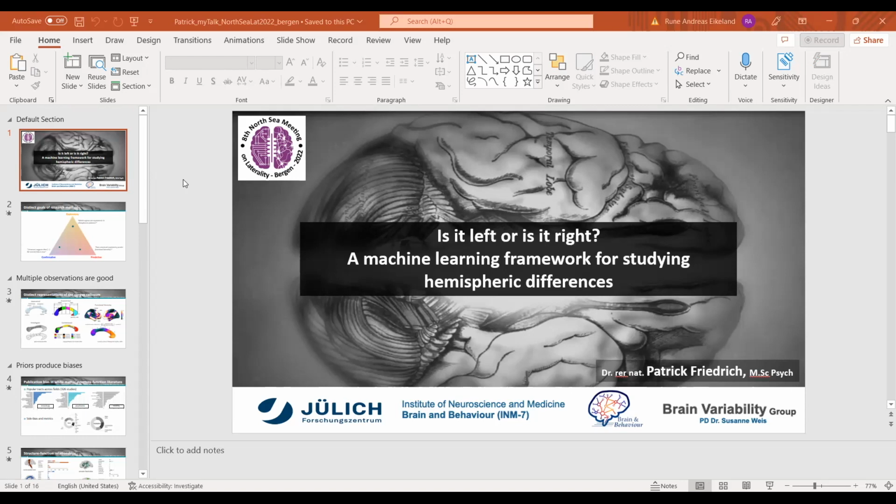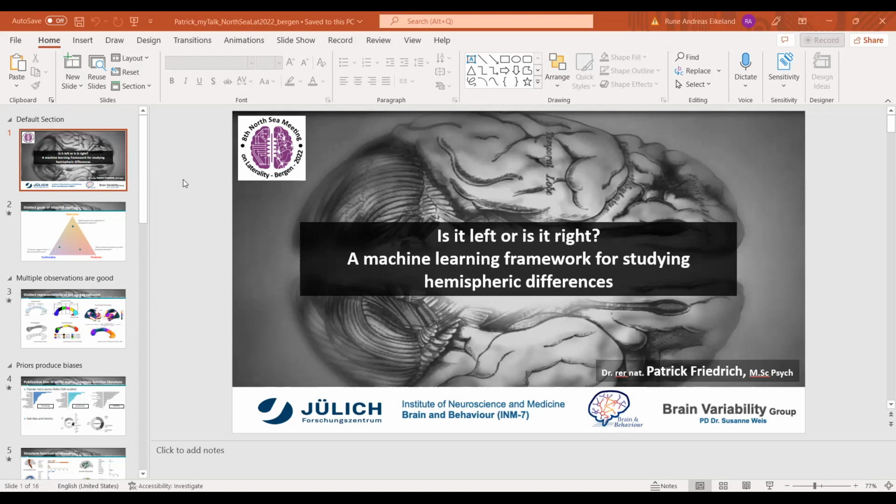So we all are aware of probably the work by Geschwind and Levitsky on the planum temporale asymmetries. We already have seen some work by Kong et al. on surface area asymmetries using the Desikan atlas, also cortical thickness asymmetries.